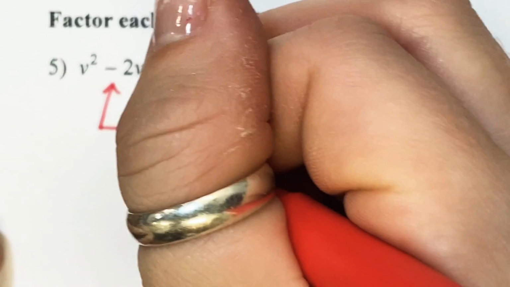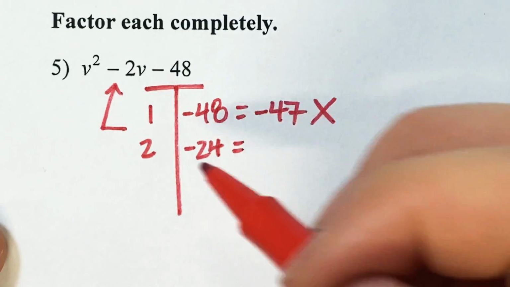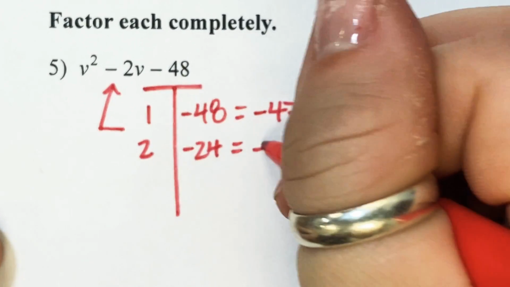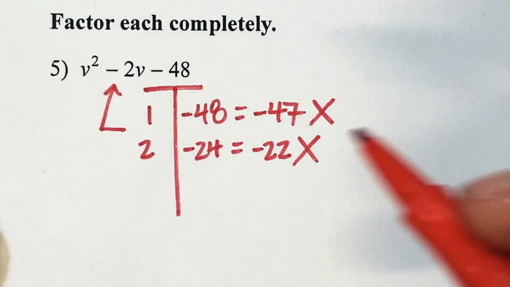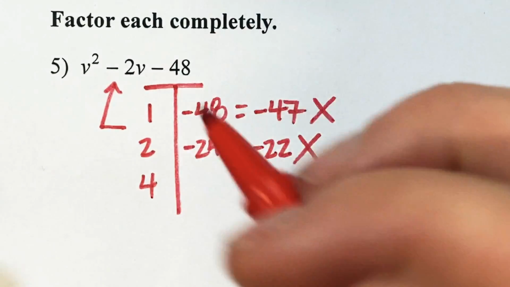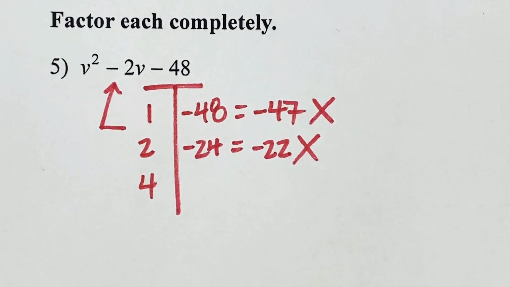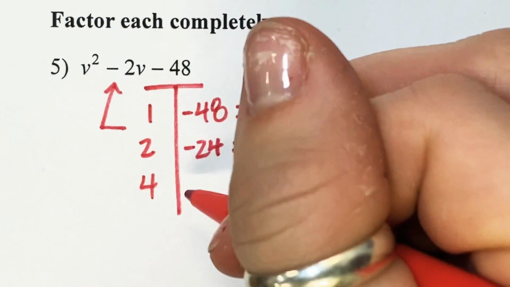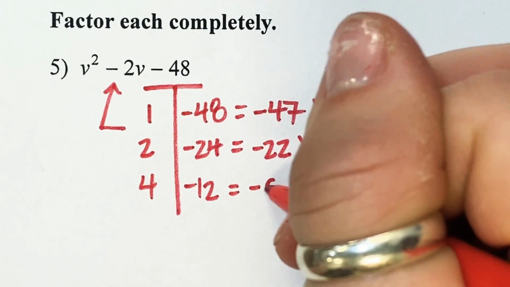Okay, what about 2 times -24? 2 minus 24 is -22. Ooh, definitely not our answer. Okay, so maybe let's go up in numbers a little bit. What about 4 times -12, I believe? Let's double check just to make sure. Okay, 4 minus 12, that's going to give me -8.